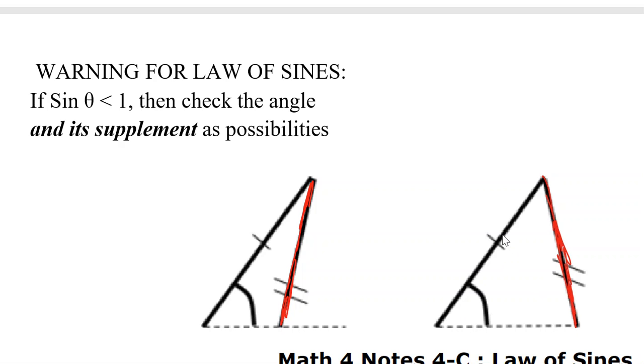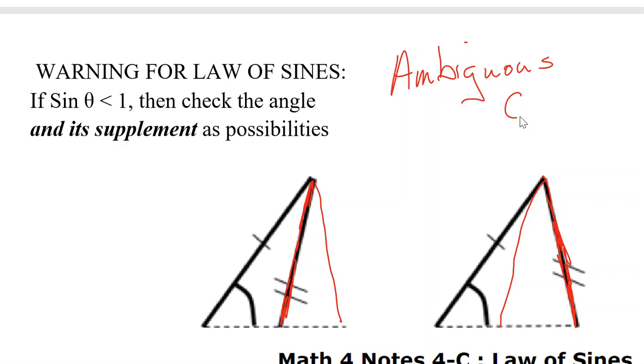If you have an angle and one side, and then it's that second or third side, that I don't know whether it comes out here or whether it goes in there. And it's what we call the ambiguous case. It's ambiguous because with the information that we are given, there are two possible outcomes here, and we don't know which one is the right one.